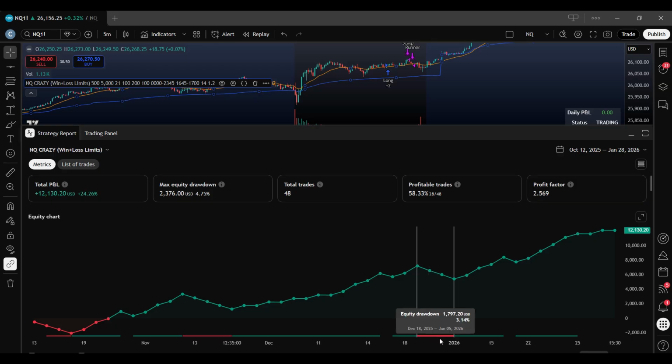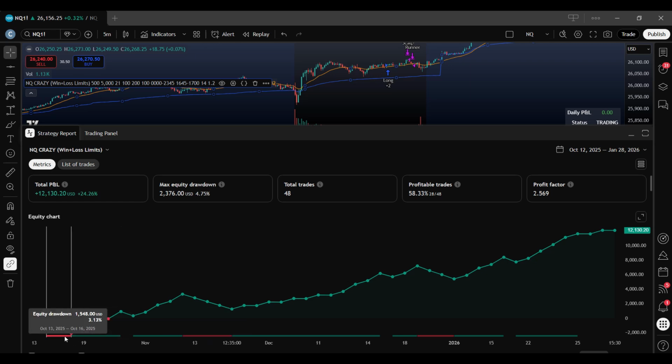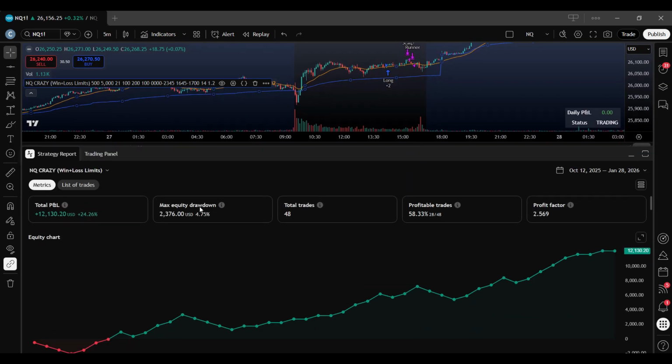It was in this area here, so they had an equity drawdown of 1,797, and here it had 2,064, and then right at the start it was that. So the max equity drawdowns worked out there. Obviously, £50,000 account, you've only got £2,000 drawdown. So you've either got to change your ticker, change your risk, change your TPs or whatever, get that down.